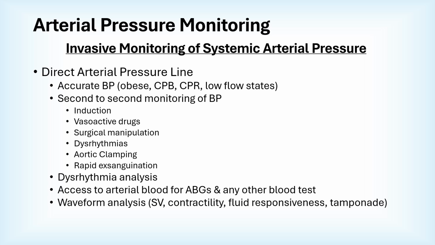Intra-arterial pressure transducing systems are subject to many potential errors based on the physical properties of fluid motion and the performance of the catheter transducer amplification system used to sense, process, and display the pressure pulse wave. Invasive blood pressure monitoring provides accurate and second-to-second monitoring, dysrhythmia analysis, access to arterial blood, and waveform analysis.